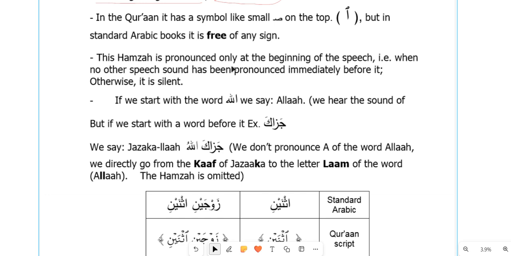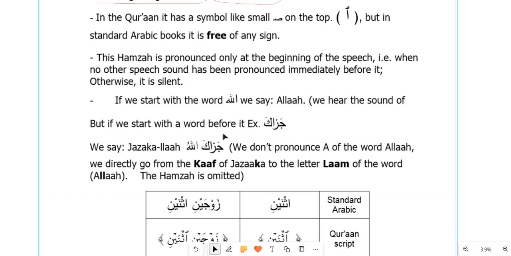This hamza is pronounced only at the beginning of the speech, that is, when no other speech sound has been pronounced immediately before it. Otherwise, it is silent. It is silent when it comes in between the sentence or in between two words.